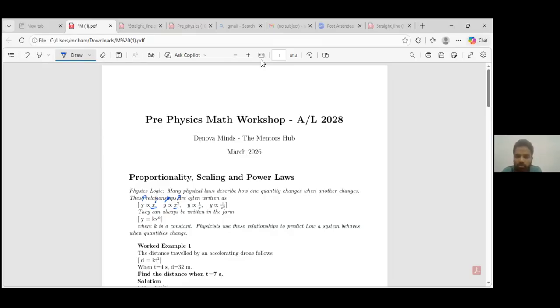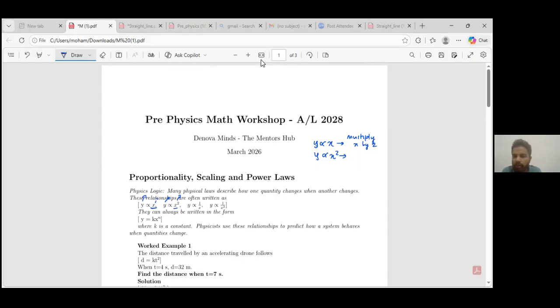But if we compare these two, y is proportional to x and y is proportional to x squared, you'll see the dependency is slightly different. Now, when it is proportional to x, the idea is like this. For example, let's say I multiply x by 2.